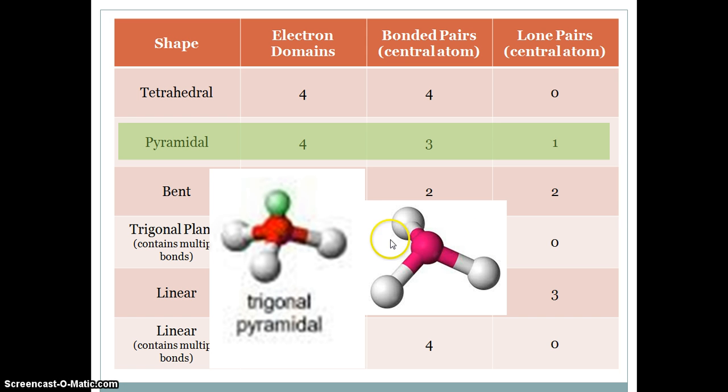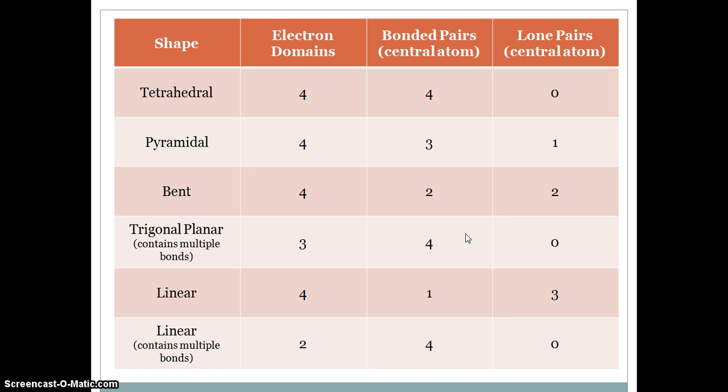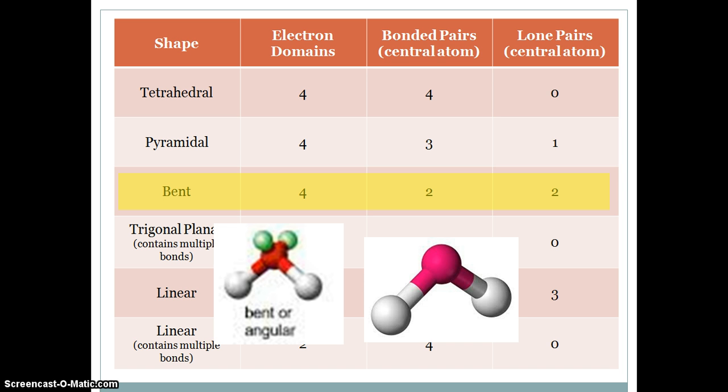So this is how trigonal pyramidal would look. Next we have bent, where we have 4 domains again, this time 2 bonded pairs and 2 lone pairs. So here we have our 2 bonded pairs and our 2 lone pairs. Again, in the shapes, we don't normally draw the lone pairs of electrons, so we just have the bonded pairs here. But we know these lone pairs are here, forcing this to be bent.